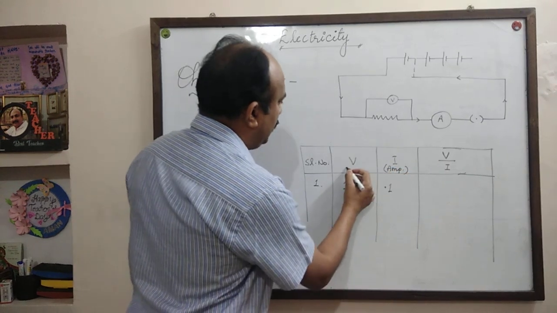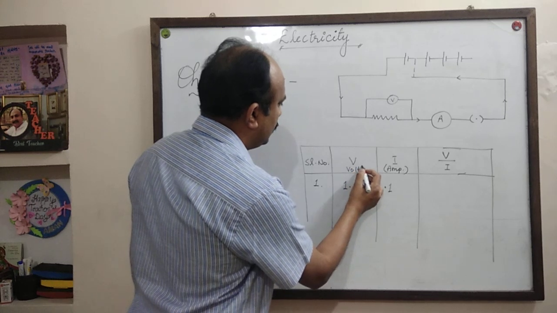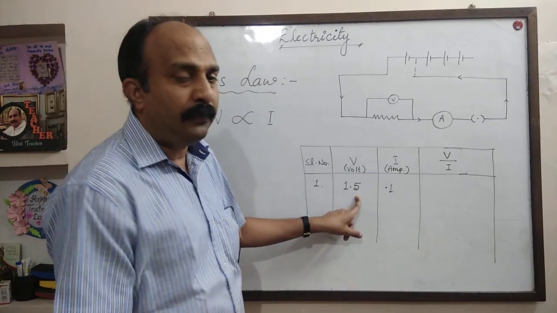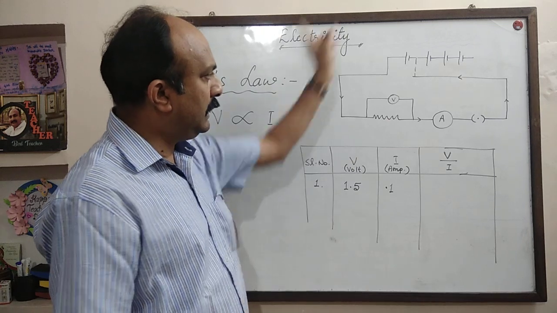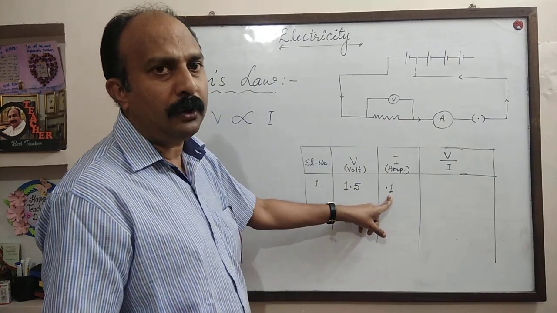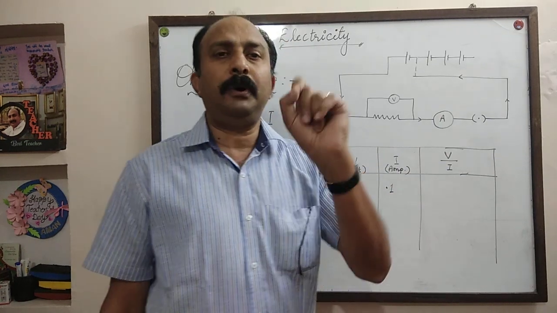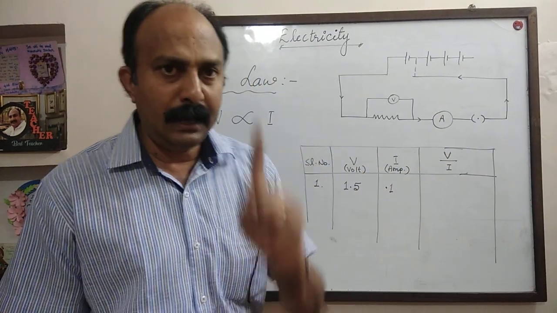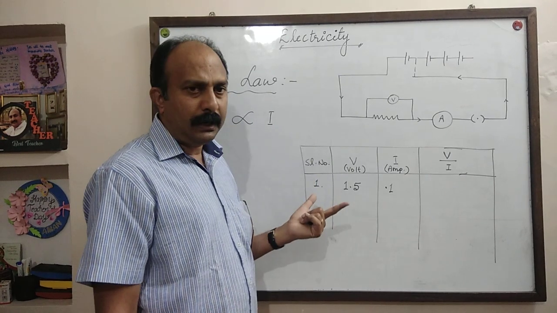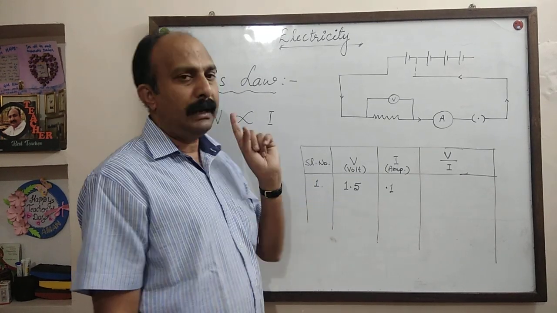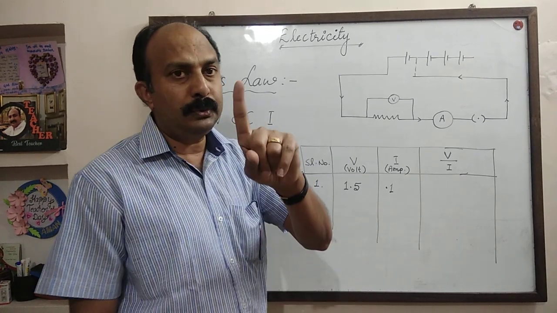Potential difference V is measured in volt. So when there is 1.5 volt in the circuit, suppose we got ammeter reading, that is electric current, as 0.1 ampere.